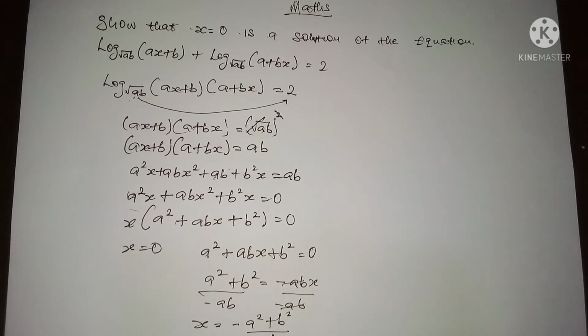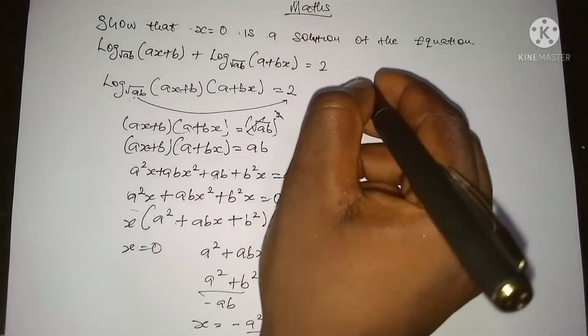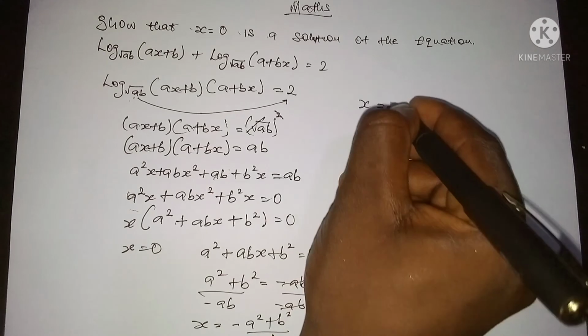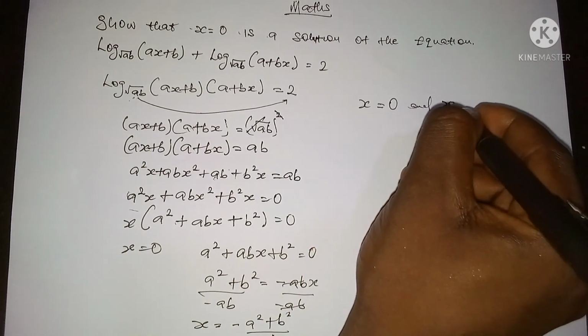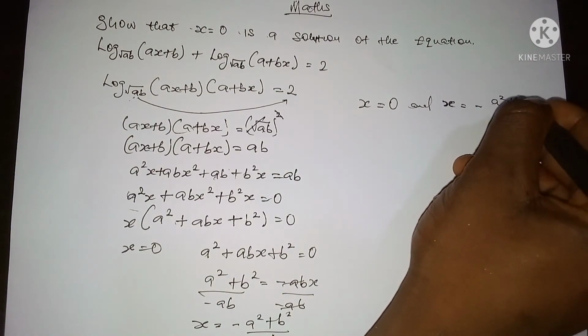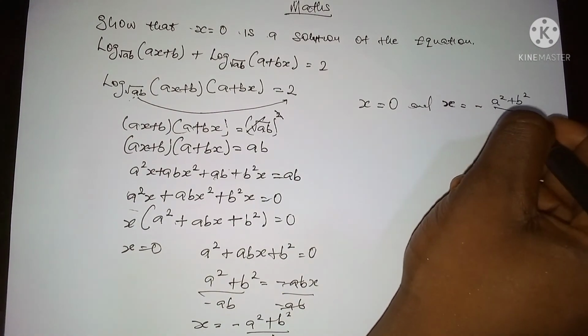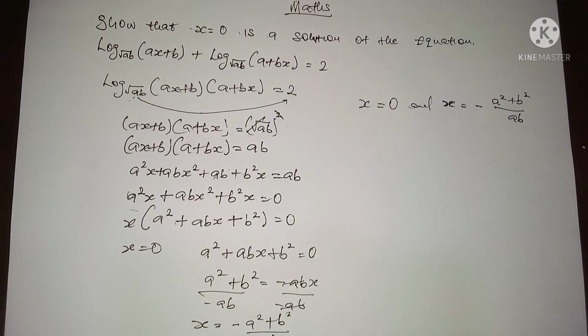So the solutions of this logarithmic equation are x equal to 0 and x equal to negative (a squared plus b squared) all divided by ab. So that is the correct answer to this problem. It's quite easy and quite understandable. Following the signs and obeying the laws, you will definitely get it correctly.